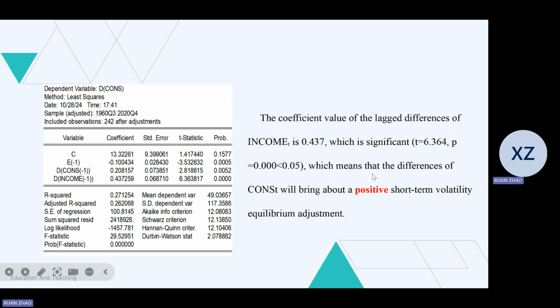So the difference of income will bring about a positive short-term volatility equilibrium adjustment. Both coefficients for the two variables are positive, so the relationship between this variable and consumption is positive.